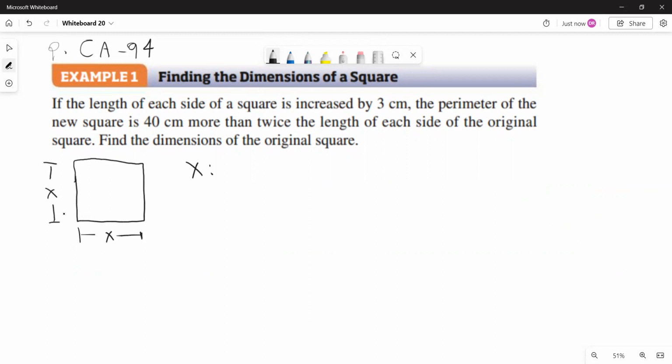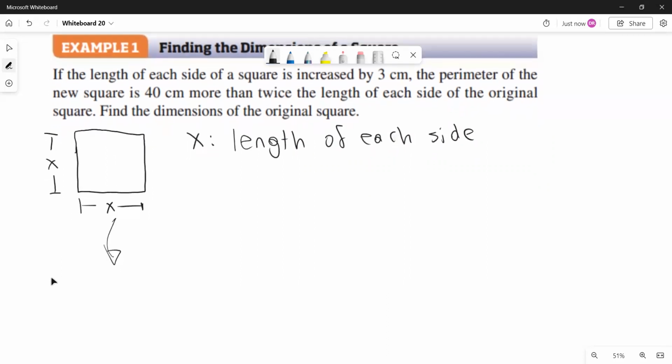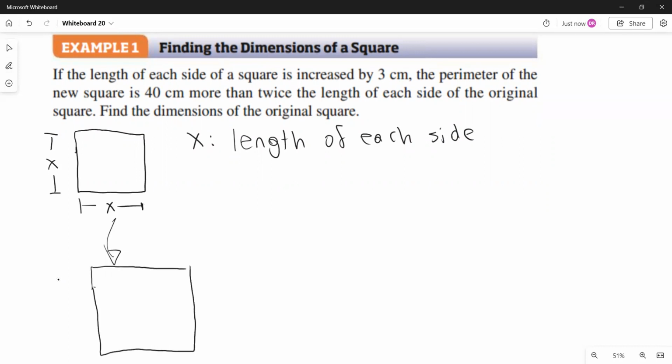This x represents the length of each side of the original square. Now, the length of each side is increased by 3 centimeters. So now the length of each side is going to be x plus 3.